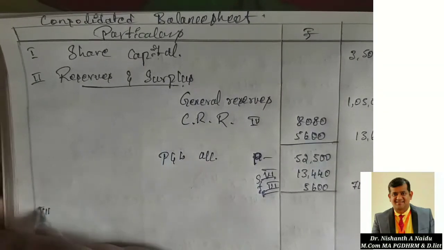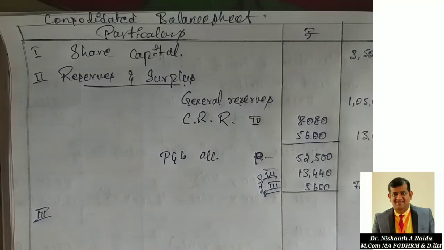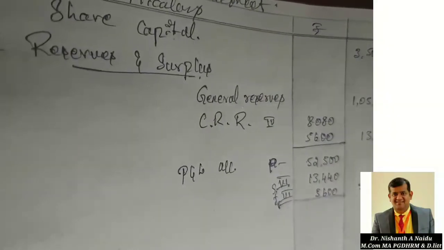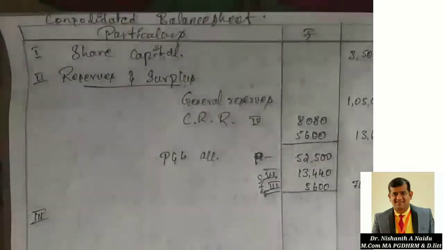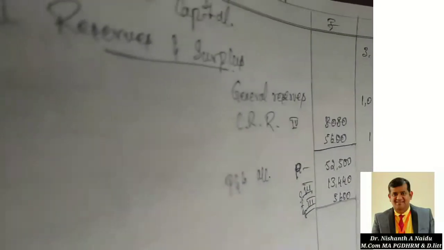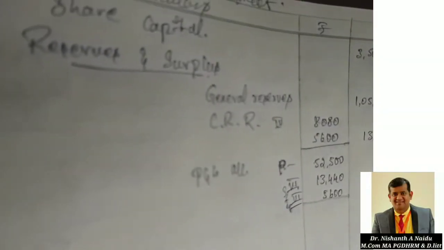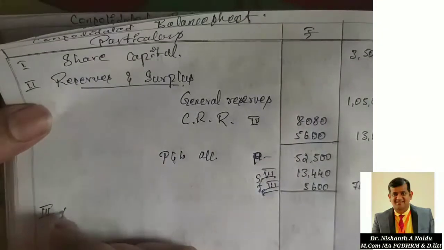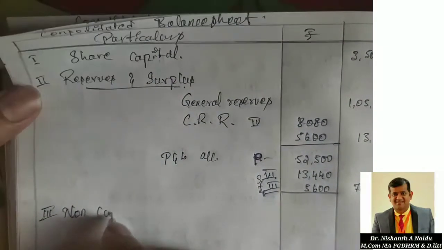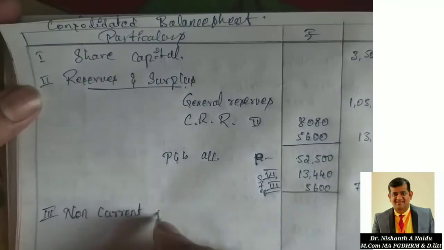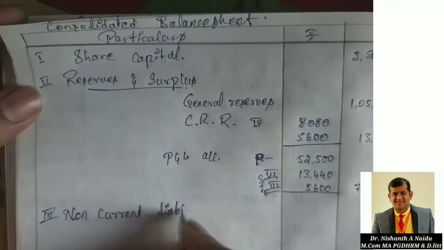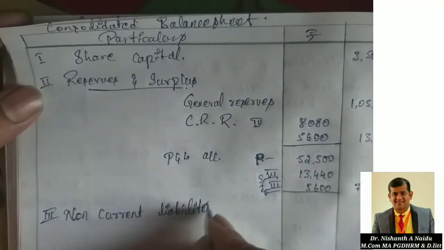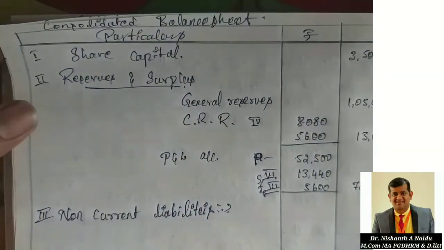We are done with the reserves and surplus head. Now we are supposed to go for the next head, that is non-current liabilities. Do you have any non-current liabilities in this problem?